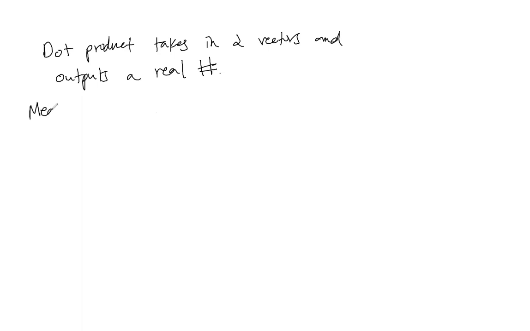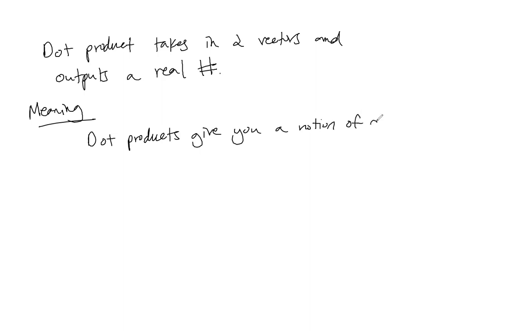And the meaning of the dot product, which has been gone over a little in section, is that dot products give you a notion of angle, and in turn, a notion of distance.